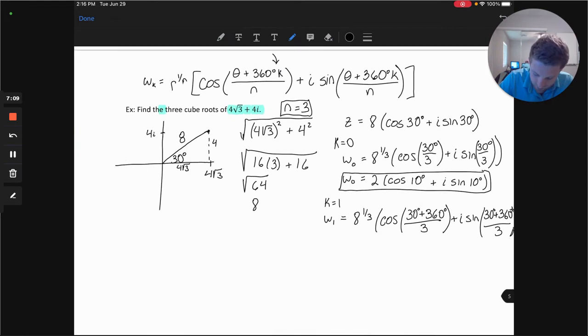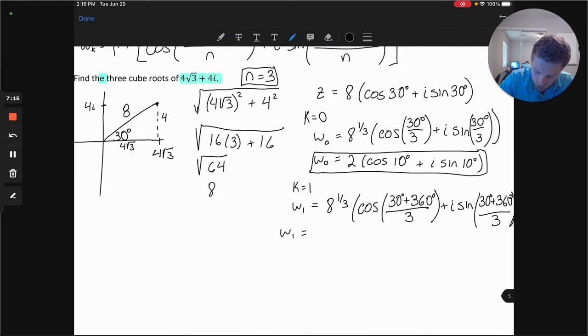So we'll simplify this one for w sub 1. We'll still have 2 as the modulus. We take a look at the argument angle that's inside. We would have 30 plus 360 is 390. And if we divide that by 3, that'll divide evenly.